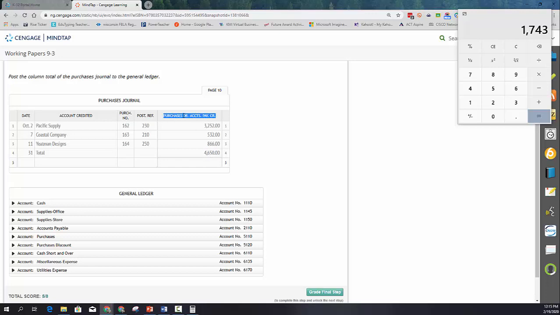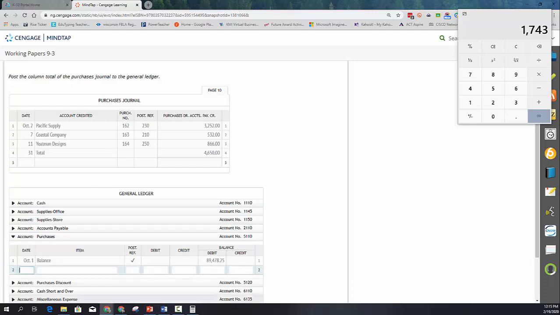It doesn't really matter which one you post first, but I'm going to post my debit first because that one is listed. So purchases is a cost account. It has a debit normal balance. I'm going to put the date in there, the 31st. Post reference is P10. And I'm posting as a debit to purchases $4,650.